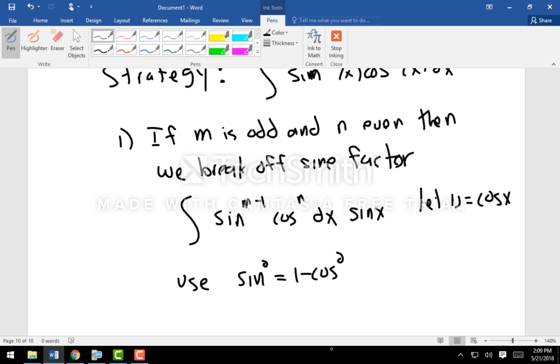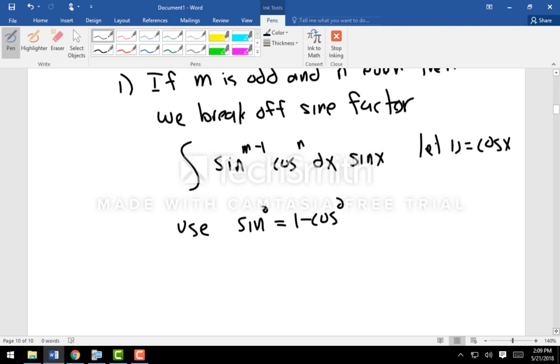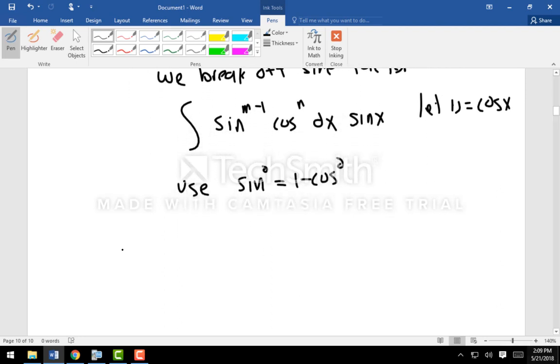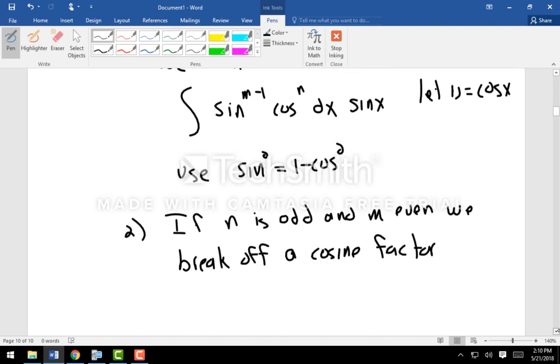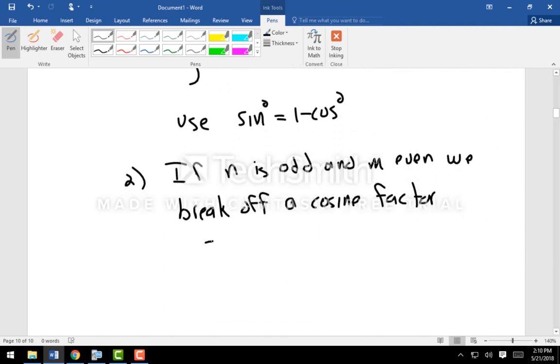And then the other scenario would be if cosine has an odd exponent. So what you'll typically see in a textbook is something along the lines of if n is odd and m even, we're going to break off a cosine factor. That might look something like this. We're going to have the integral of sine to the m power.